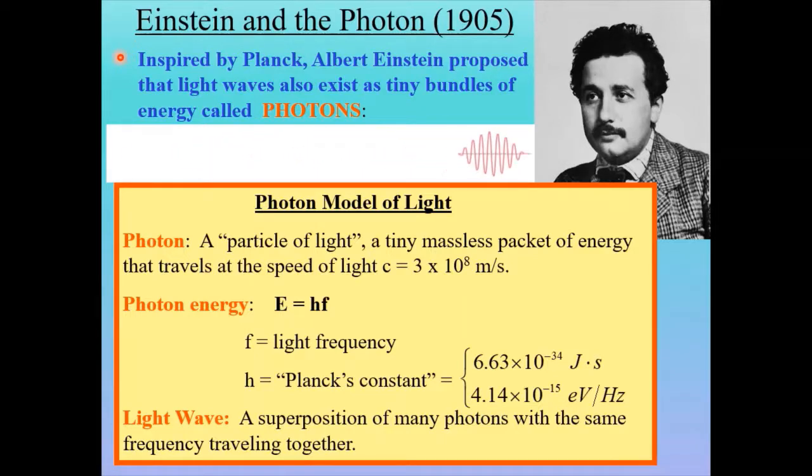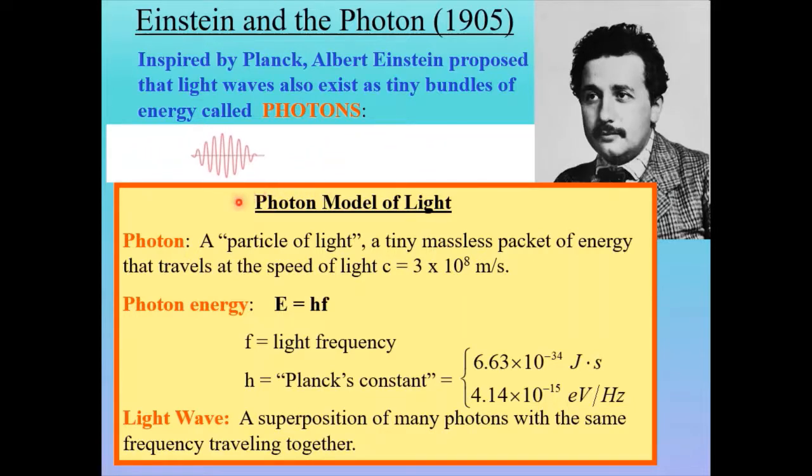And Einstein proposed that light waves also exist as tiny bundles of energy called photons. You can think of it as this little bundle or packet, called a wave packet. This is electromagnetic energy or light, but it's in this little discrete bundle of energy.